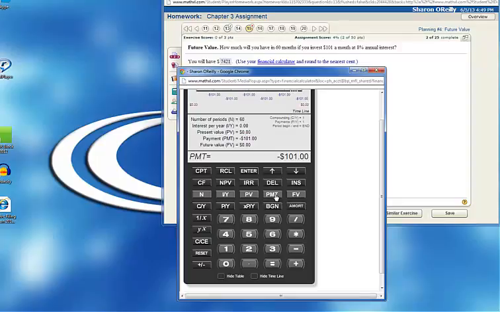But my interest rate is in terms of a year. To make everything equal, I take that 8% and divide it by 12. So again, I take the annual interest rate and divide it by the number of periods per year.